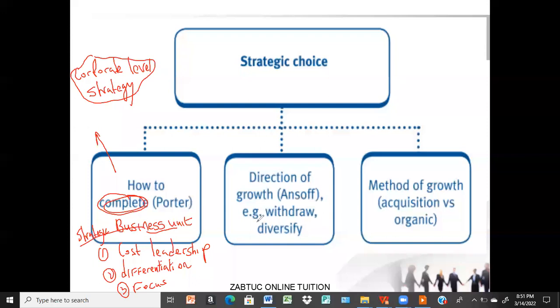What's the strategy? Because the other one is at business unit level. Here at the top of the organization, what's the focus of corporate level strategy? Anyone to remind us? What does it deal with?